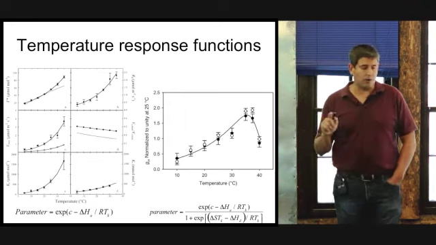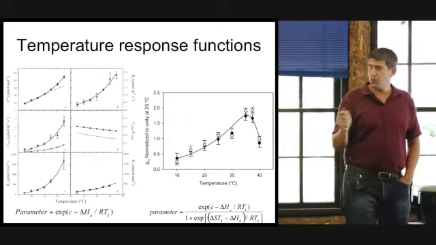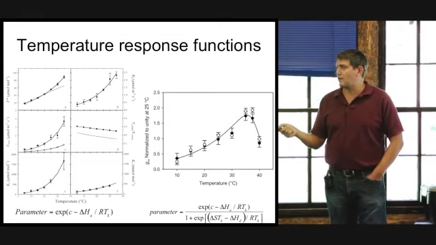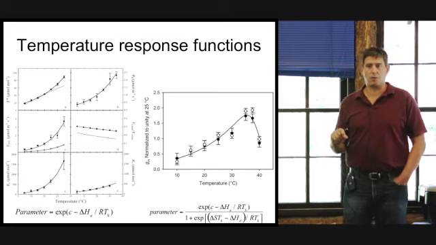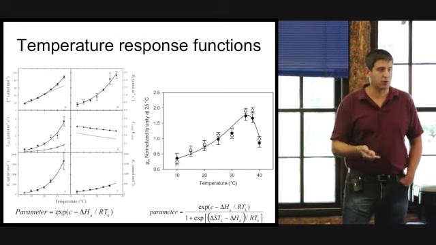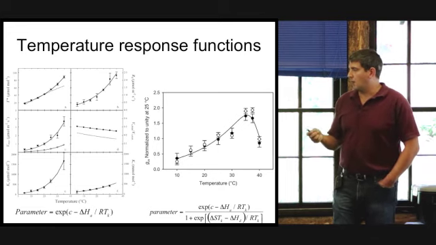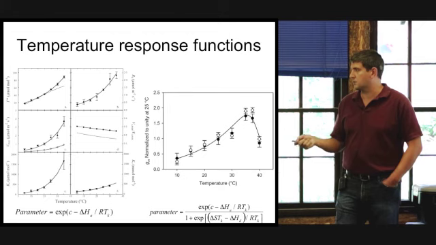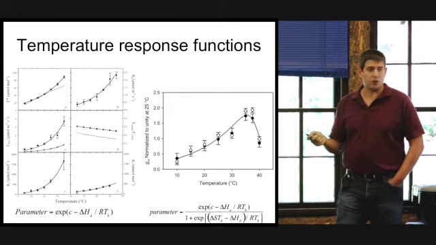I do want to point out that these temperature functions were derived from antisense rubisco tobacco plants. And they've been applied to poplars, to desert shrubs, to individual chloroplasts, to a whole range of different ecosystems. And they turn out to do a pretty good job.